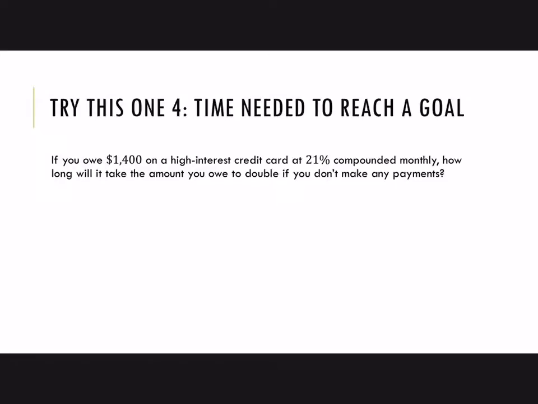Okay, so let's set this up first. We have the compound interest formula. Let's start filling this in. I'll put the formula up at the top. The future value, look ahead at what we want this amount to be.